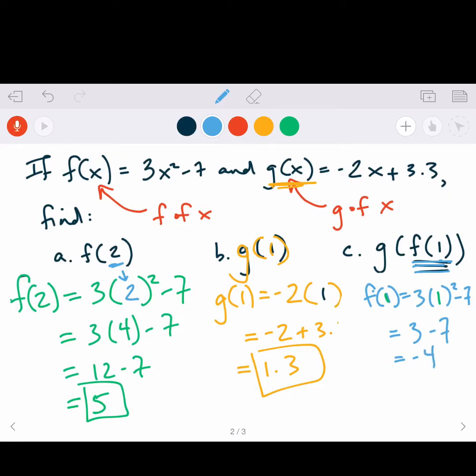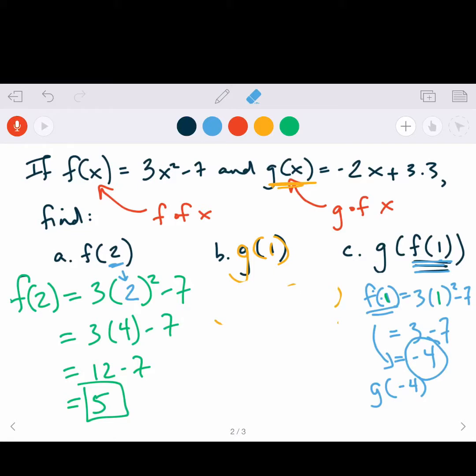Now, I determined just now that f of 1 equals negative 4. So now I'm just doing g of whatever's equivalent to negative 4 there. G of, and let me erase over here, g of negative 4. Okay.